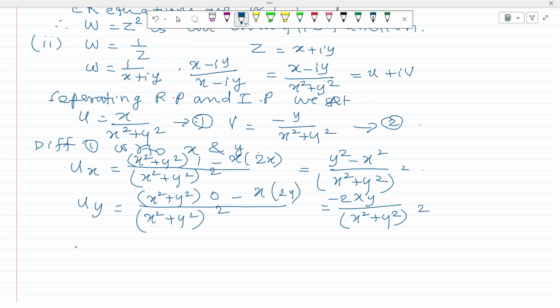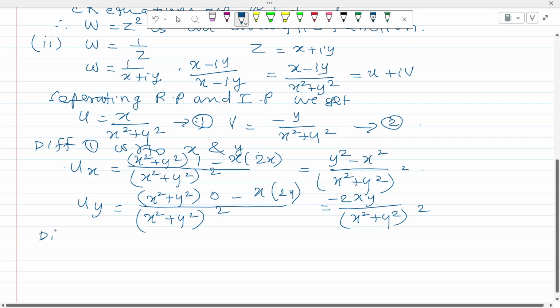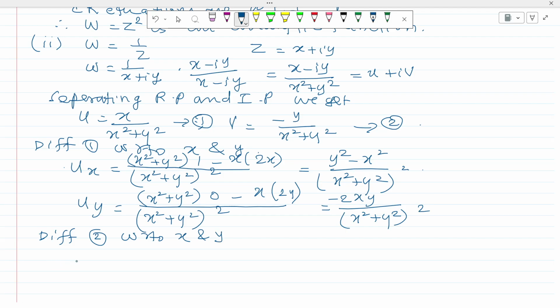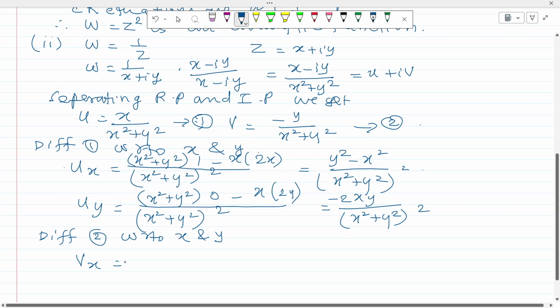Okay, now differentiate v with respect to x and y. That means vx. What is vx here? How can we find vx?